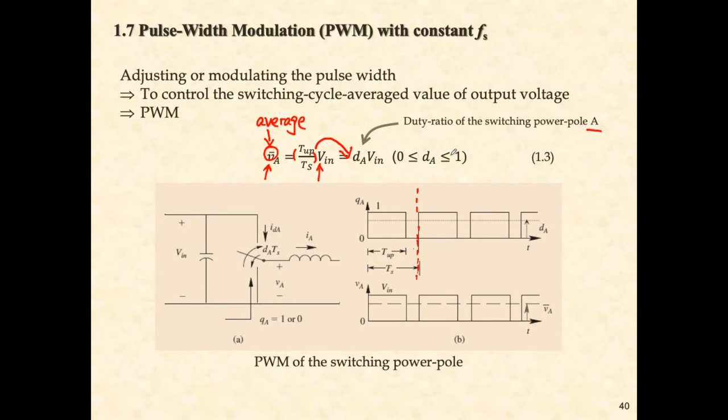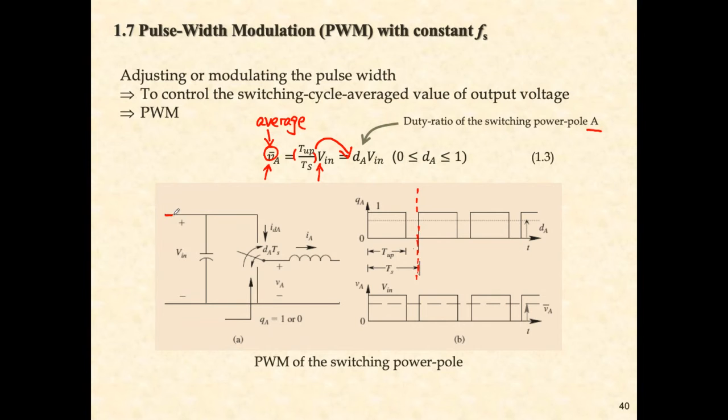Why is VA sometimes equal to Vin when QA is equal to 1? Let me think. Yes, VA here should be equal to Vin, because when QA is equal to 1, the switch is up.